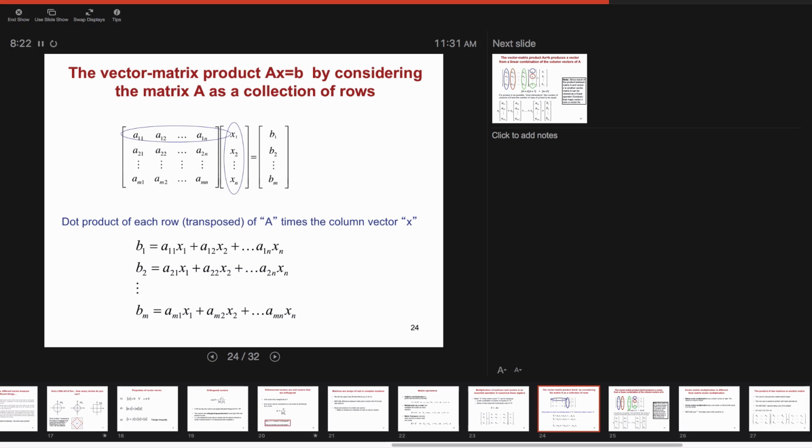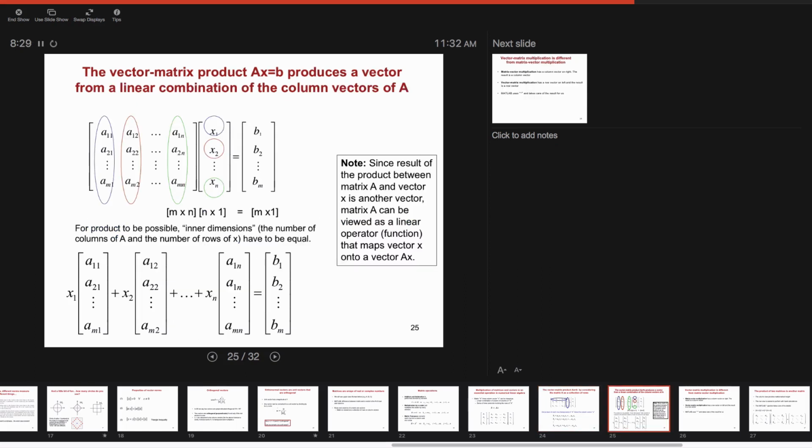These numbers are the first column of A. So if I put them in a vector, I can also see this process as my B being a linear combination of the columns of A with these coefficients. And if you remember, a linear combination has to have those scalar coefficients. So that's just another way to see this. Okay.